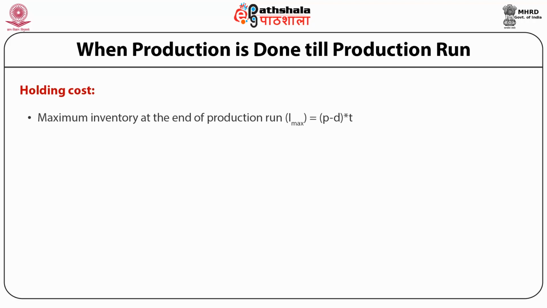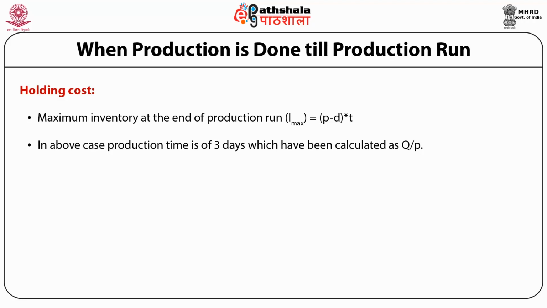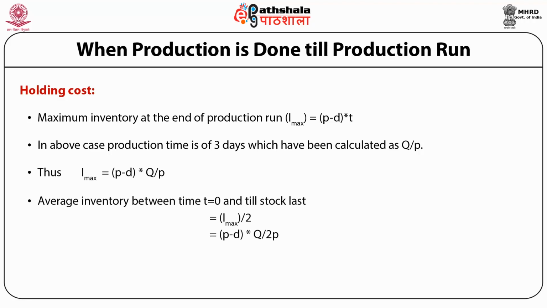Holding cost. Maximum inventory at the end of the production run, I max, equals P minus d into T. In the above case, production time is 3 days, which has been calculated as Q upon P. Thus, I max equals P minus d into Q upon P. Average inventory between time t equal to 0 till stock last equals I max divided by 2, equal to P minus d into Q upon 2P.